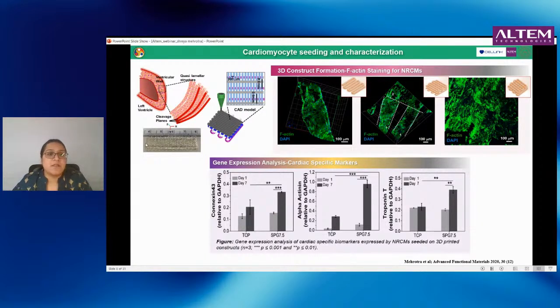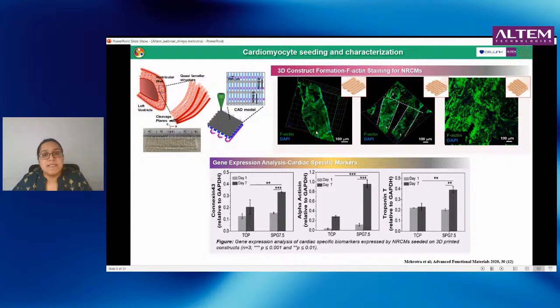What we did is, we fed a CAD model. We designed a set of G-codes ourselves using MATLAB, and then fed them into the bioprinter system, and we were able to design a construct which had a quasi-lamellar structure, similar to the native heart tissue. Then we seeded this construct with rat cardiomyocytes, which are nothing but the cardiac muscle cells that we obtained from primary rat tissue.